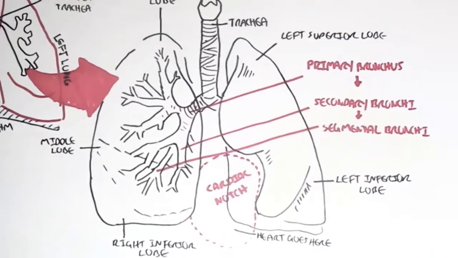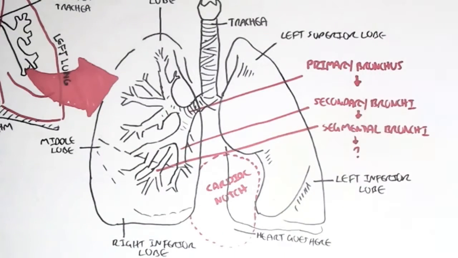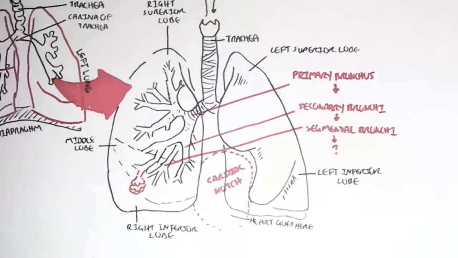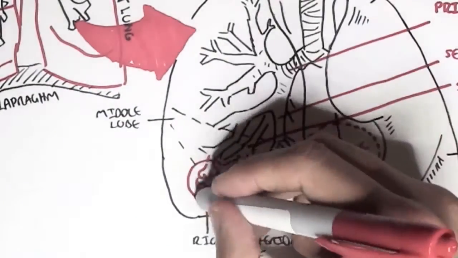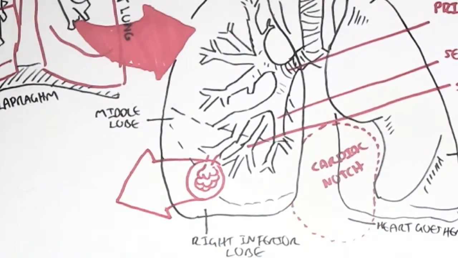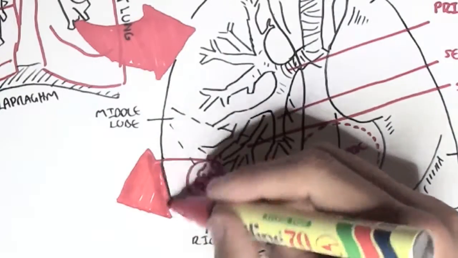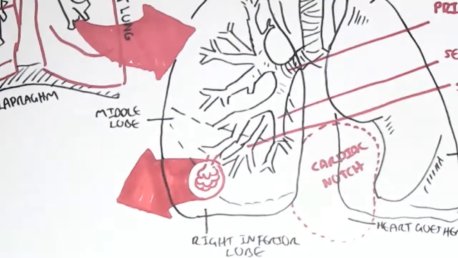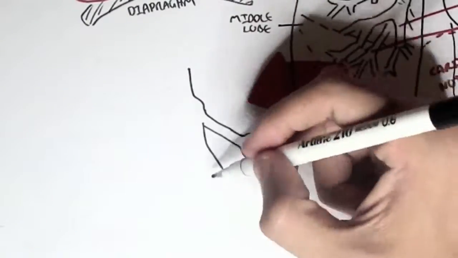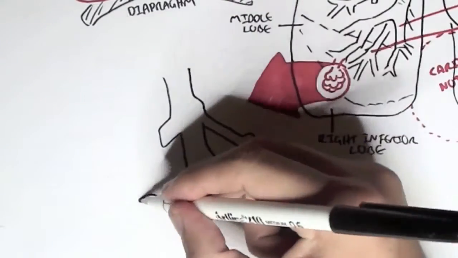And now also going back to the trachea, which then branches off to the primary bronchus, then the secondary bronchus, then the segmental bronchi. What comes after this? Well, at the last point of division, we have this sort of sac-looking thing. And this is known as the alveolus, the alveolar ducts.